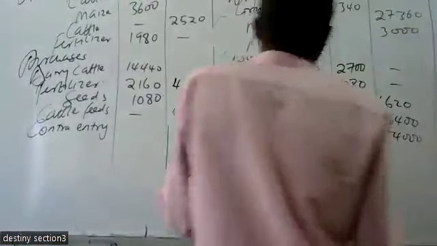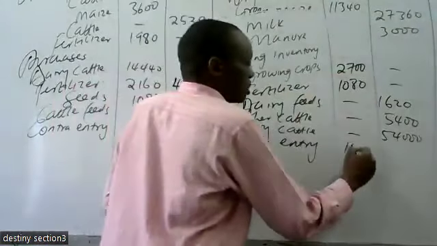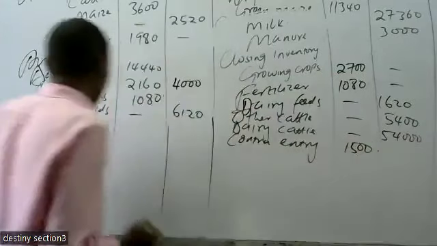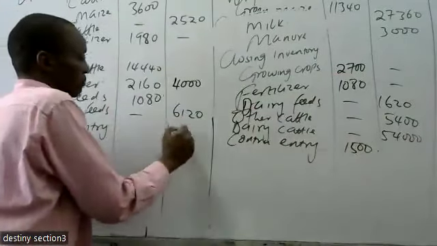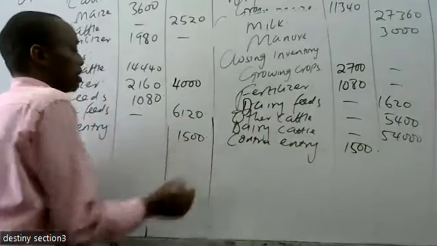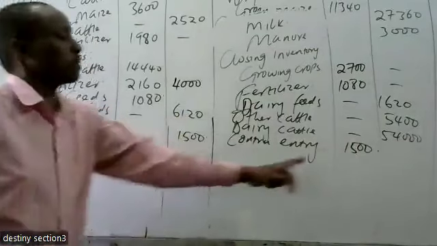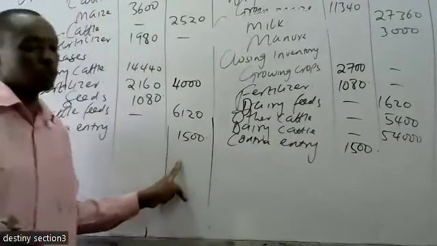Since it is an output from crop, you put it 1,500 and you put it as an input in livestock, 1,500. It's an output from crop, an input to livestock.